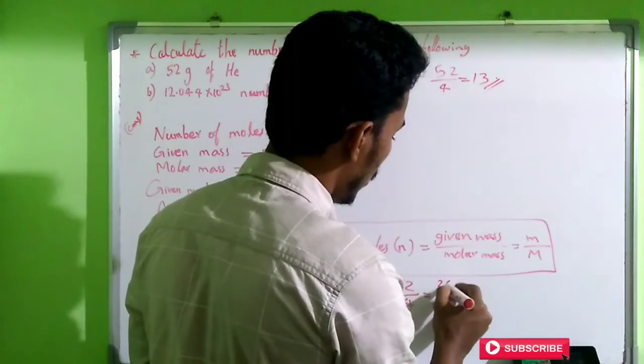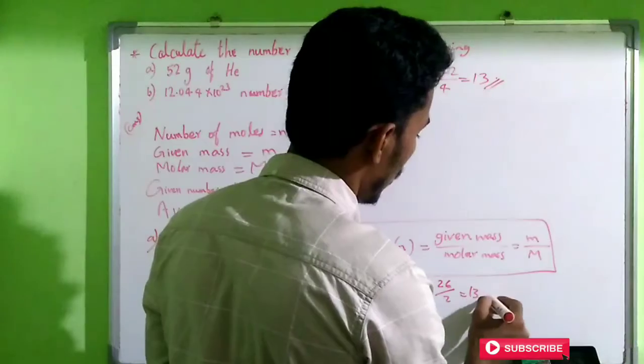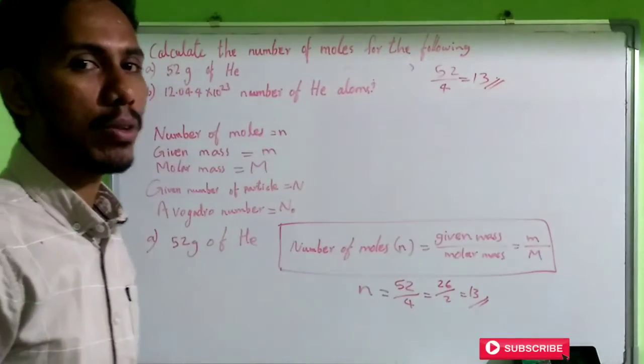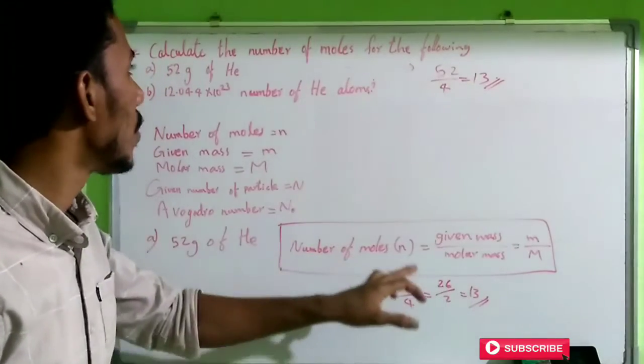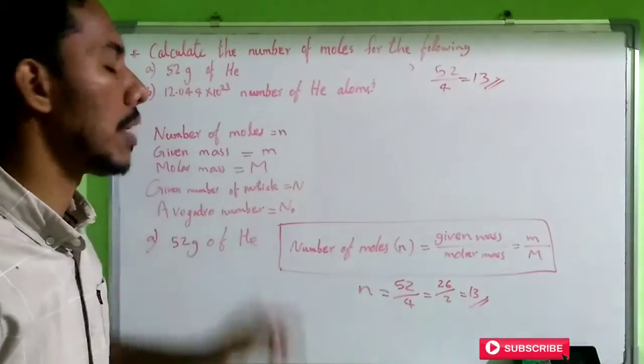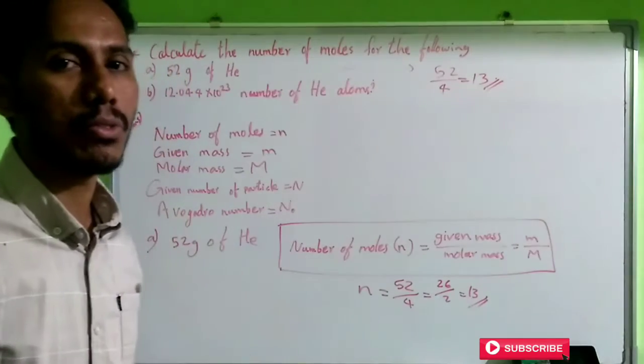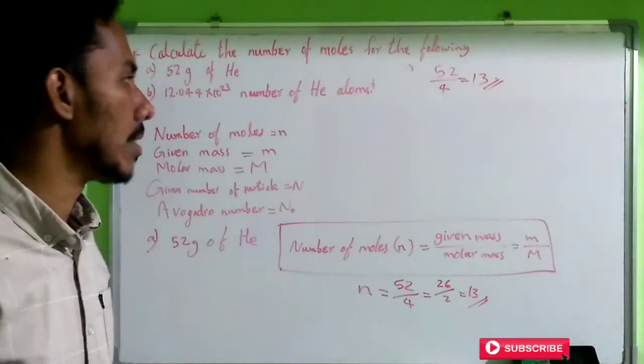That means 26 divided by 2, that is 13. This is the number of moles. So 52 grams of helium contains 13 moles of helium.